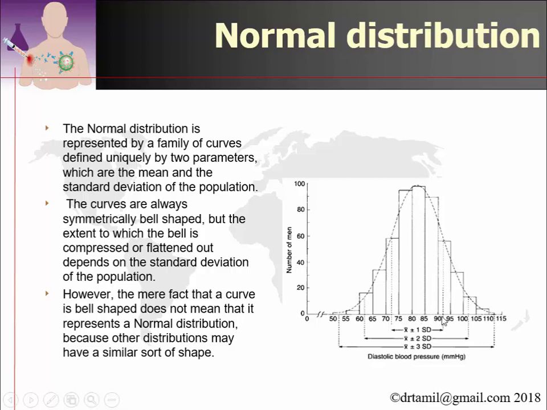Next lines are 1 standard deviation, 2 standard deviations, and 3 standard deviations. The bell curve here is drawn based on the mean and standard deviation of this sample. The curves are always symmetrically bell-shaped. How far it is compressed or flattened depends on the standard deviation of the population. Okay, so please take note of that.